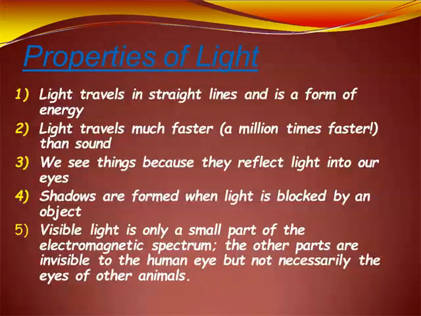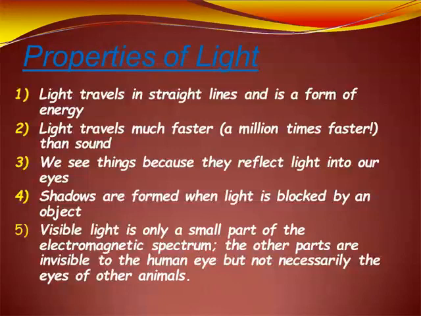bike, whatever. Then the fifth point: visible light is only a small part of the electromagnetic spectrum. That means what we see as light is a very small part. Spectrum means the refraction. It's not that light comes to us directly. It is spectrated through the air molecules.